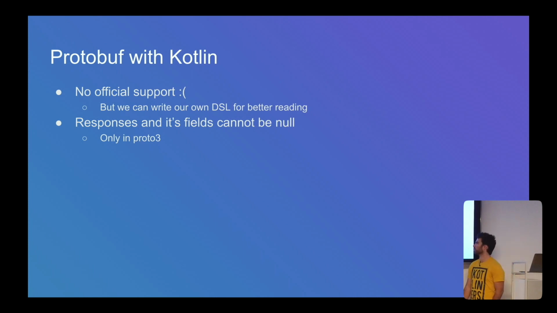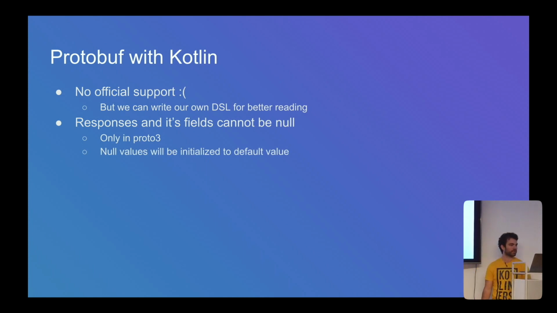But of course, the Kotlin compiler doesn't know about it by default. You also have to keep in mind that if the backend passes a null value, you will get an instance initialized to the default value. So this might lead to bugs if you don't keep that in mind.